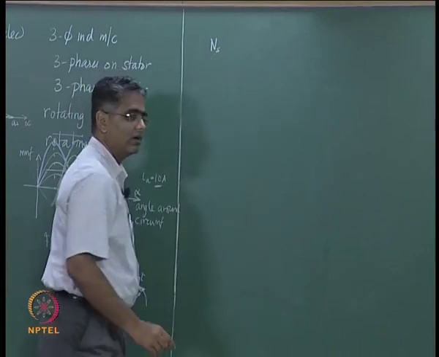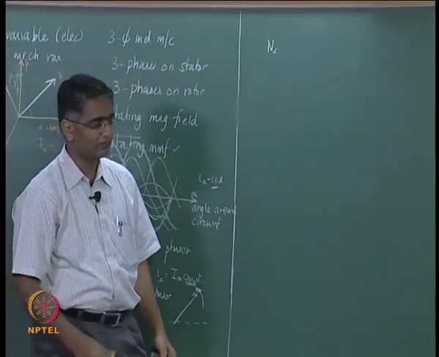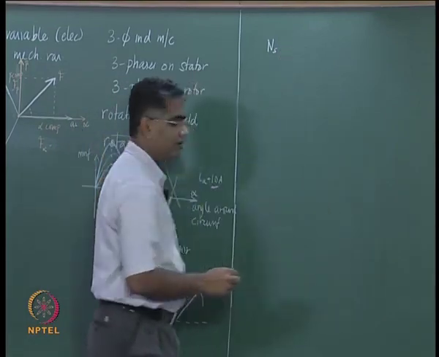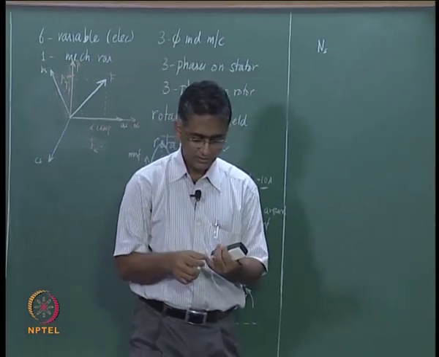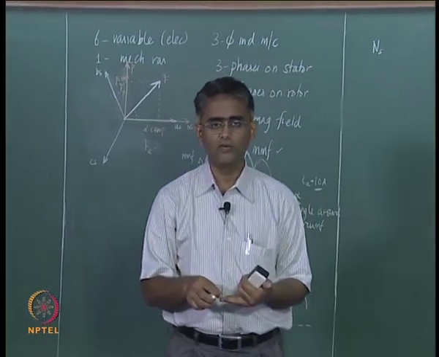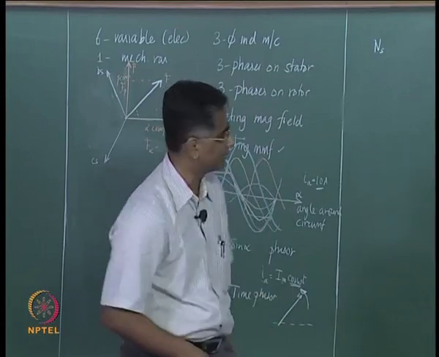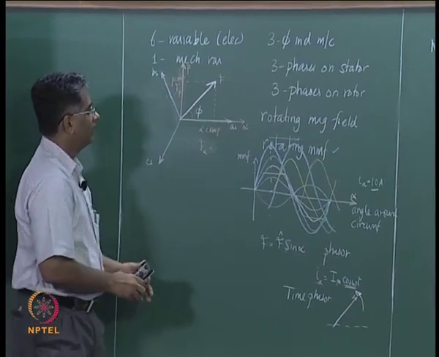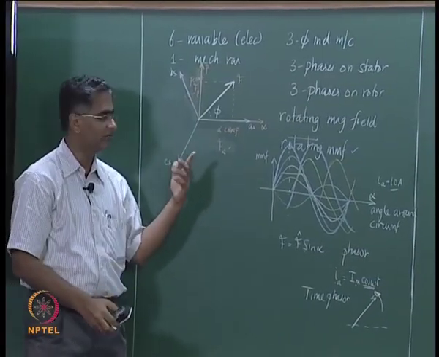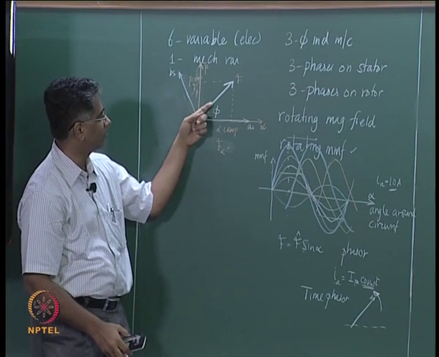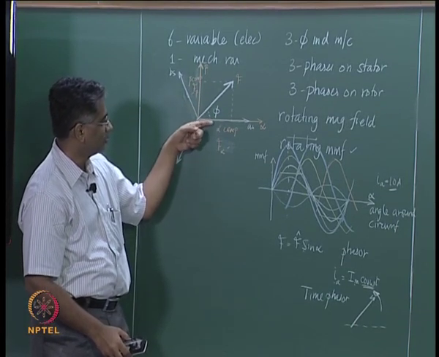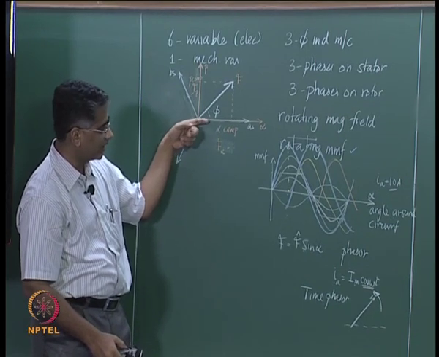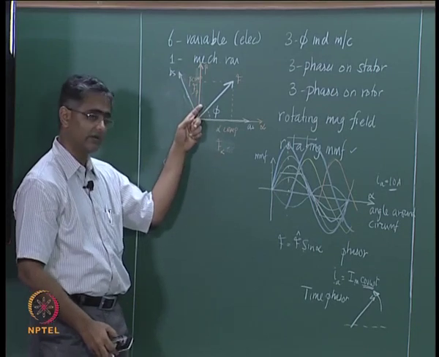of turns in the stator phase, if you have some current Ia flowing in the A phase and some current Ib flowing in the B phase and some current Ic flowing in the C phase, at any given angle phi, if you want to determine what the MMF is, you would say Ia into cos phi is the MMF component which is provided by A phase, A axis excitation at the angle phi.